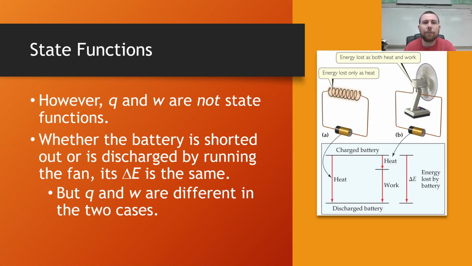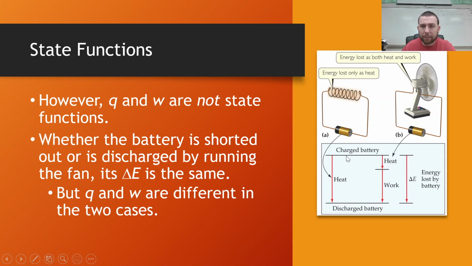And you can think of it from this particular perspective. You've got 2 different batteries, and the way they get discharged, they lead to the same delta E, right? This particular battery is attached to probably a light bulb. You're losing a bunch of heat and light energy, right? But here, in the fan example, you've got energy that's going to be lost as heat, and you're going to have energy that's being lost in the form of work that this fan is doing.